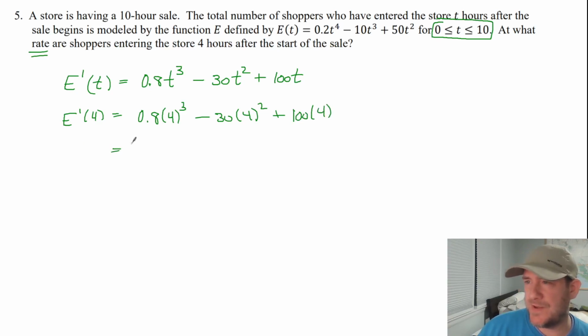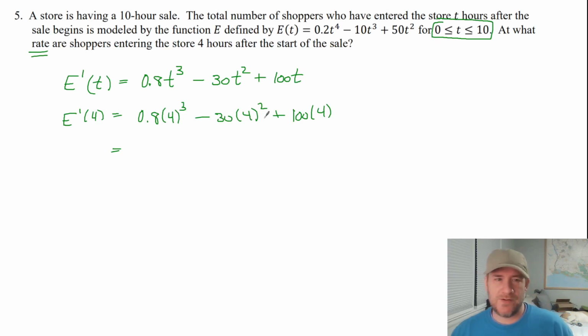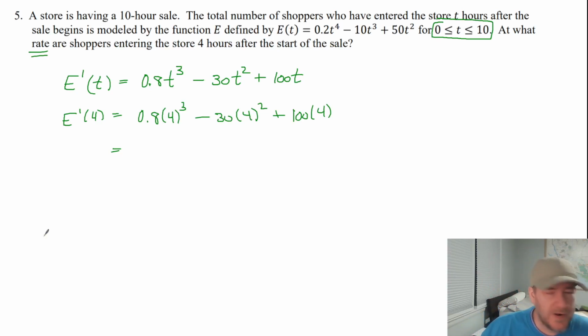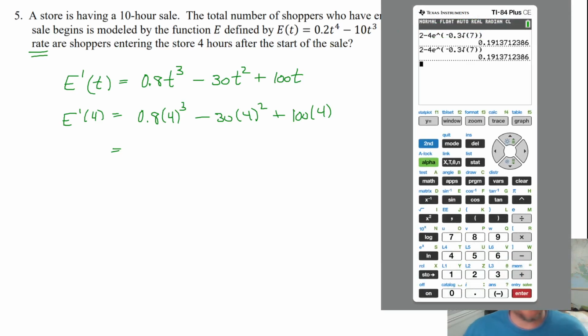And I'm not going to pretend that I feel like doing any of this by hand, so we'll just go to the calculator again and do it. Make sure you show the work. I mean, we can do this work by hand, so take it as far as you can before heading to the calculator. That way you'll still get full credit. But yeah, now that we're in the calculator, just type everything in. It's going to be 0.8 times 4 cubed.